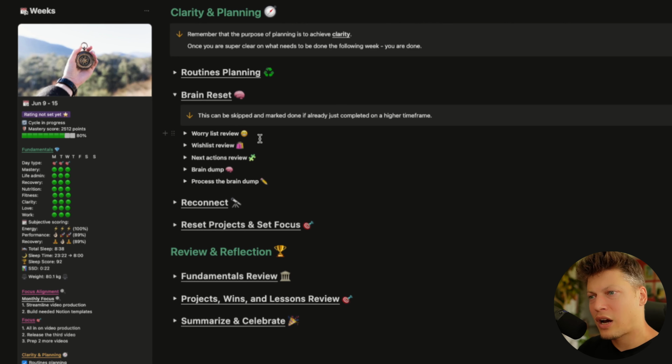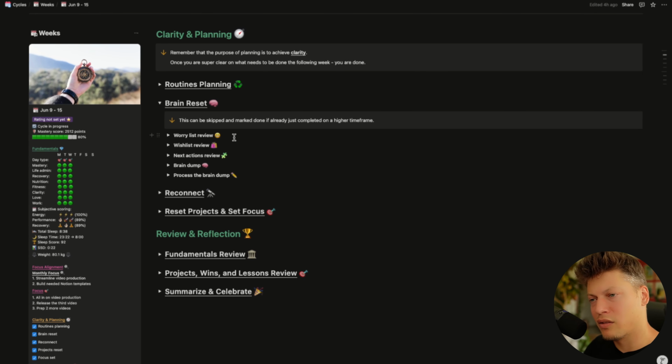Now you kind of lose on the tracking aspect of it. I like creating actions because that creates an entry in the database that you can come back to, and you can have statistics of, let's say, how many times in the year you've executed this specific routine. With simple template checklists, you don't have that, but sometimes it's fine. And I think this is one of the examples where it's fine.